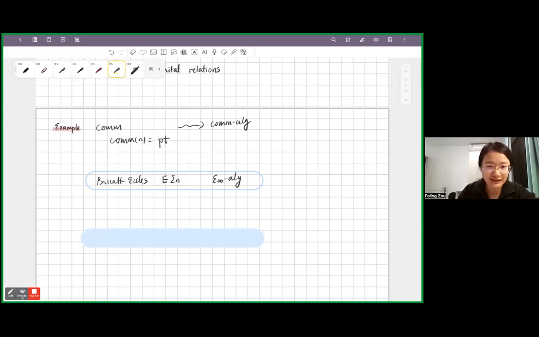And the second one is the Barratt-Eccles operad, whose n-th space is given by this space E sigma_n, and the structure maps are induced by sigma_k cross sigma_{n_1} cross ... cross sigma_{n_k} into sigma of the sum of the n's.